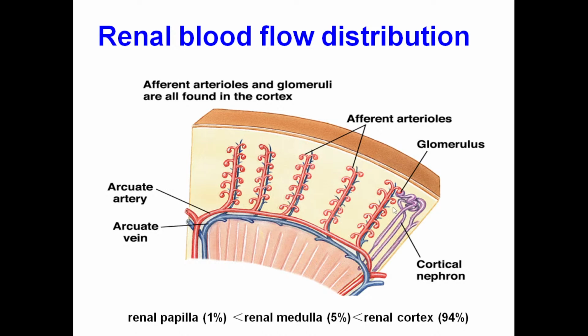It happens because all of the glomeruli are located within the cortex, so we need to provide the highest plasma flow to the renal cortex. The renal medulla has much less blood supply, and the renal papilla even less.